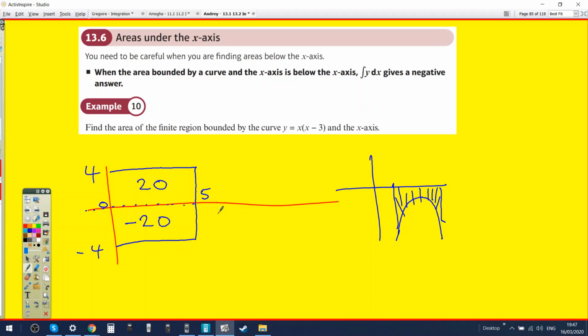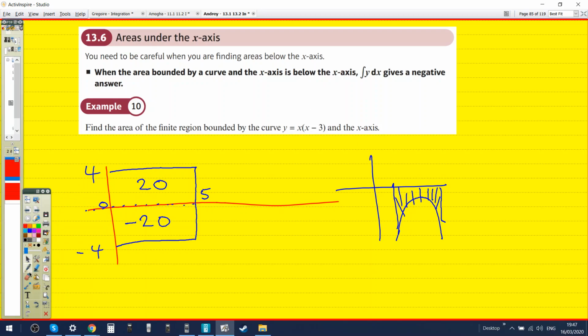We're going to expand the brackets first. So that would be y equals x squared minus 3x. And do I need to then integrate that? Yep.